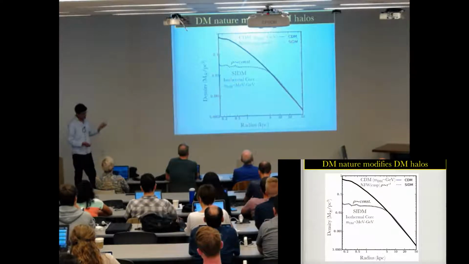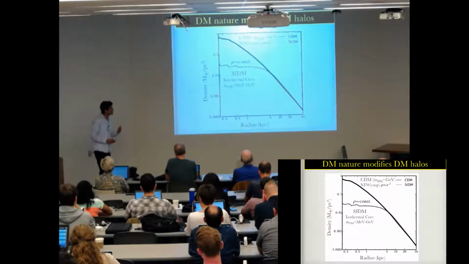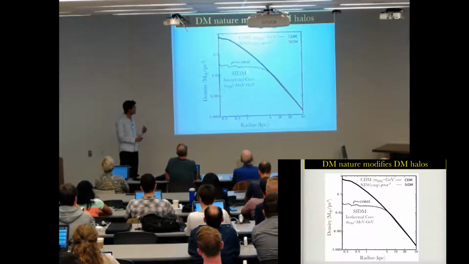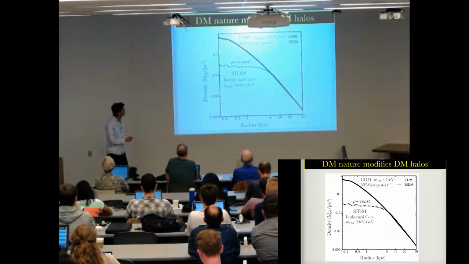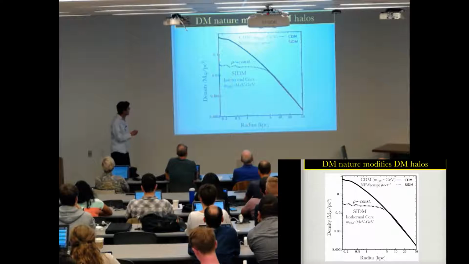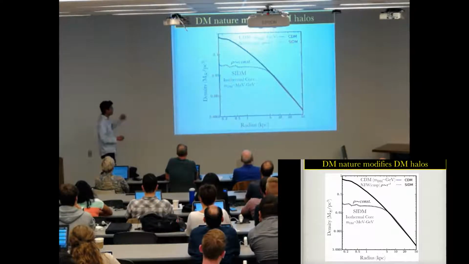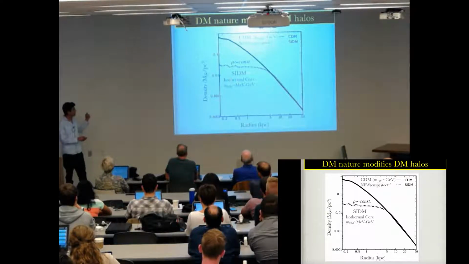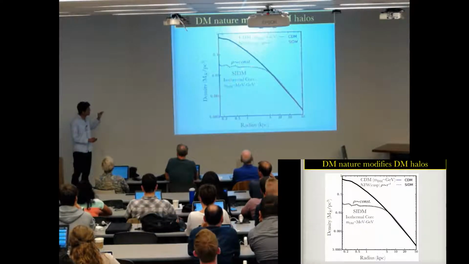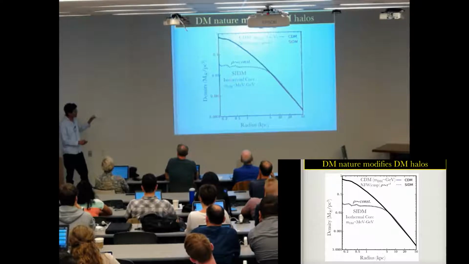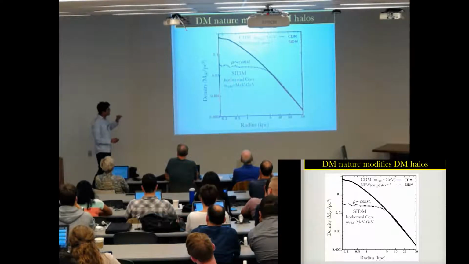And if you add something else in the dark matter sector, for instance self-interactions, then you can have deviations from this profile that are very large, almost an order of magnitude. This is a case for self-interacting dark matter that creates these dark matter cores, where you can create isothermal cores with these particle masses.